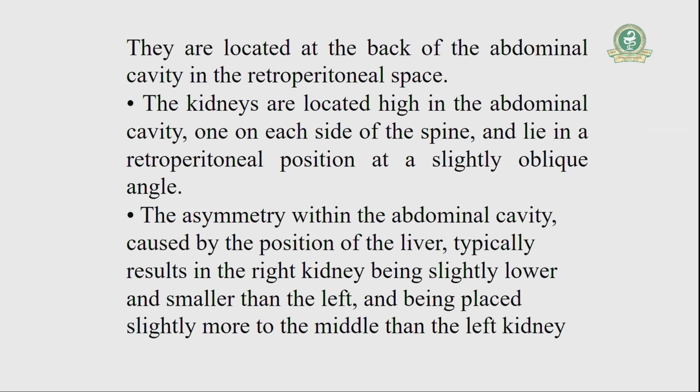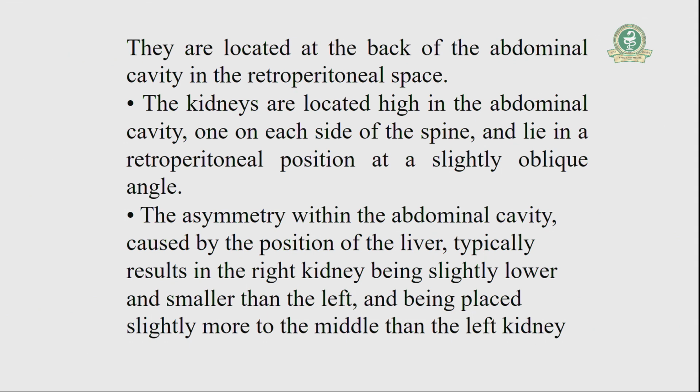They are located at the back of the abdominal cavity in the retroperitoneal space. The kidneys are located high in the abdominal cavity, one on each side of the spine, and lie in a retroperitoneal position at a slightly oblique angle.